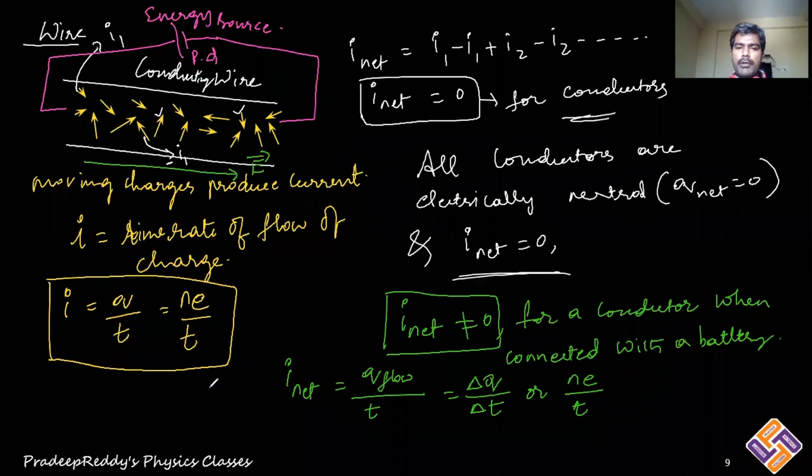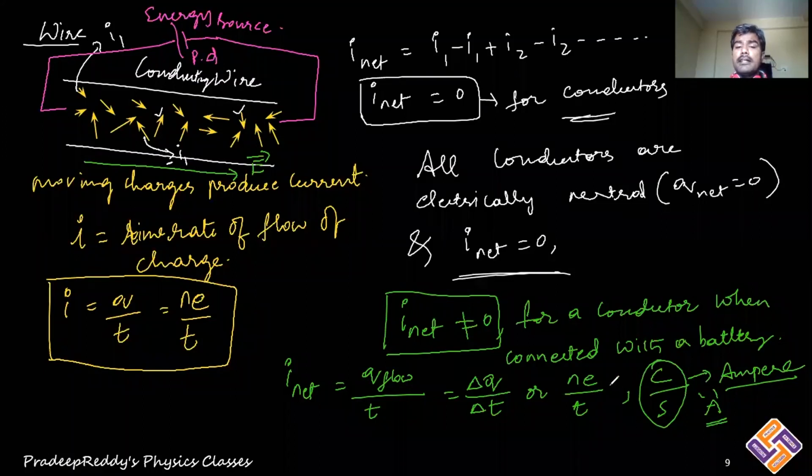And what about the unit of this net current? Charge unit is coulomb, time unit is second, and coulomb per second is called ampere. So the unit of electric current is ampere. Its symbol is capital A. 1 coulomb of charge flowing in 1 second within a conductor will produce 1 ampere of current.